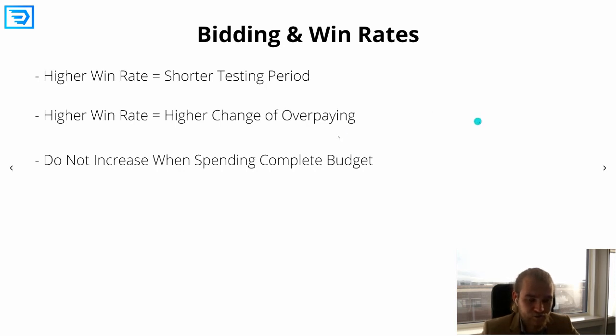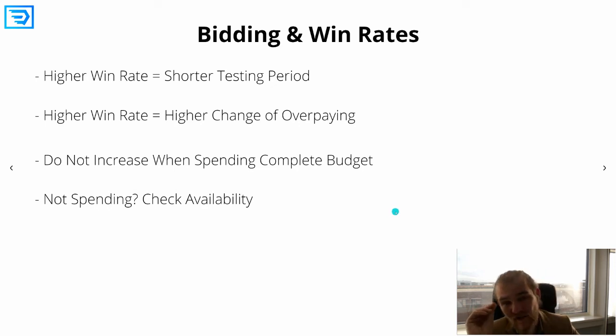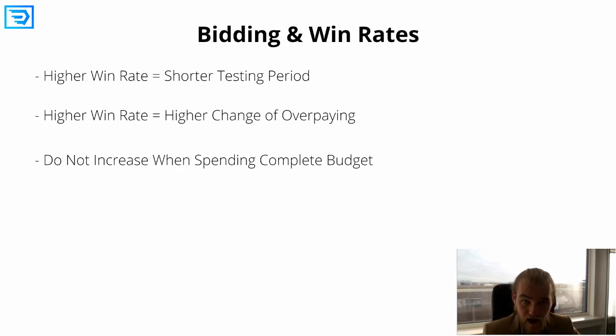All right? Next up, not spending, check availability. So if you're not spending your daily budget, check if there is traffic available. If there is traffic available, you know you're not winning it, so your bid should be higher.